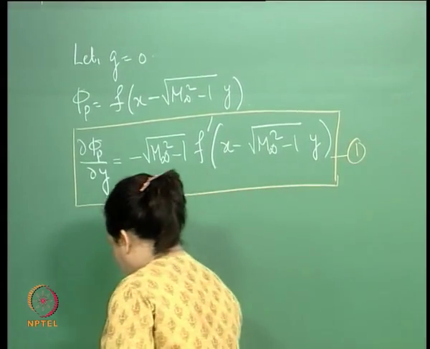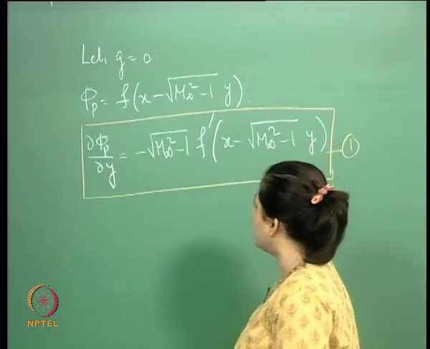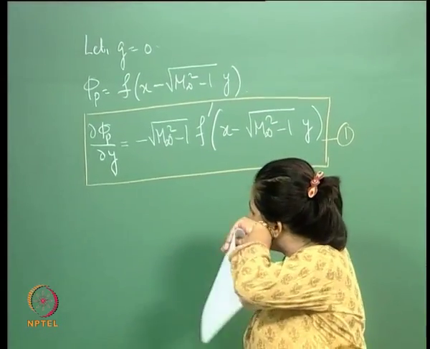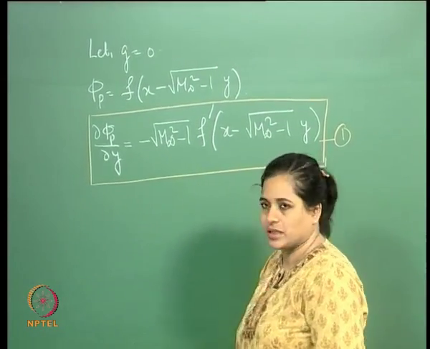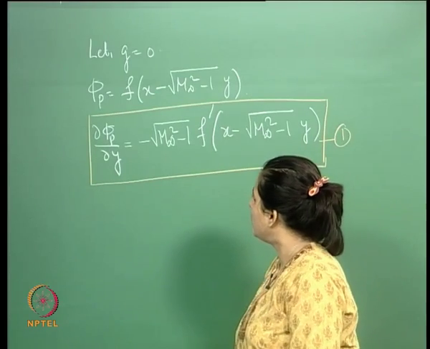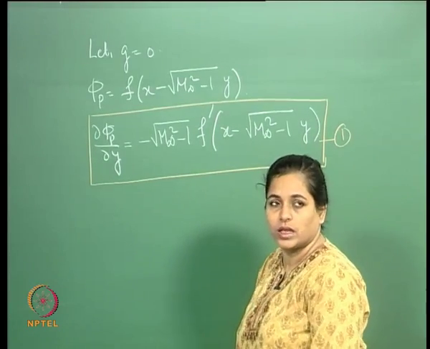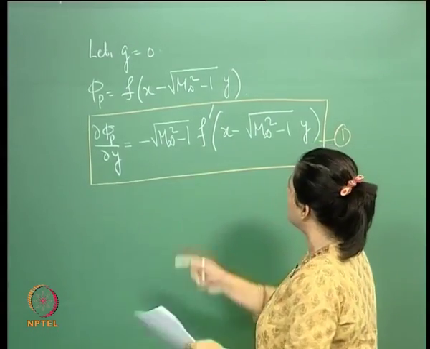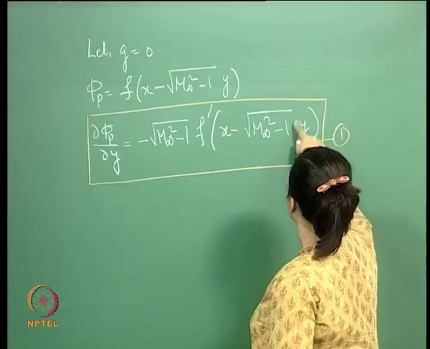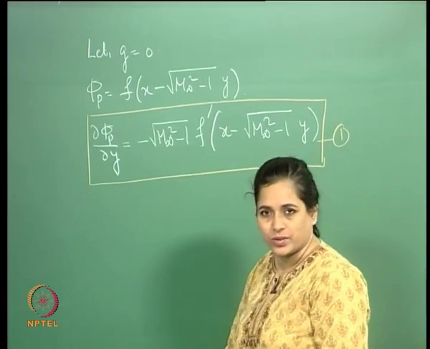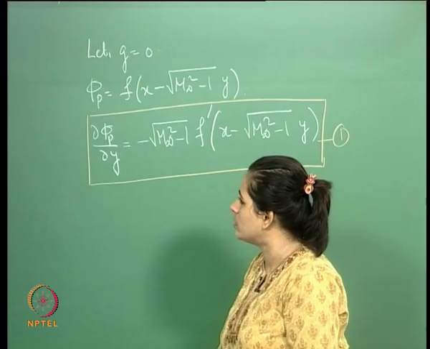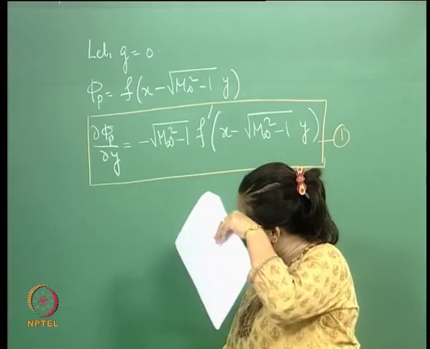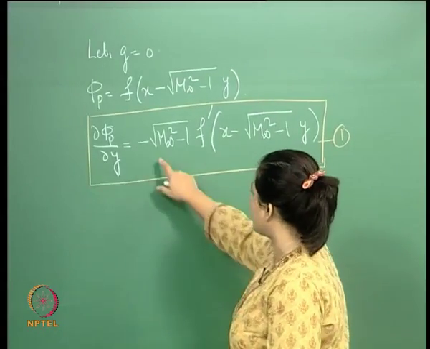So this is my del phi del y, or v dash essentially, at the wall. This is not at the wall, so this is at the wall. So essentially, this will go to 0. You're considering small perturbation theory. So this is del phi del y.